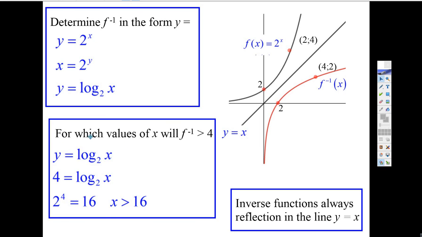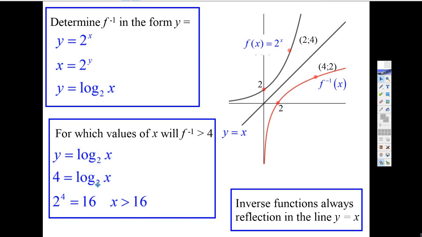If you got this question, for which values of x would the inverse function be greater than 4? Well, how big would x have to be to be bigger than 4? Well, all you do is figure out what x is when y is 4. Well, it's the log to base 2 of x when y is 4. We've got to find that number.